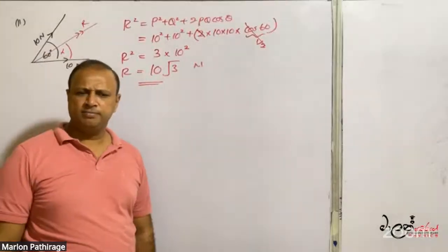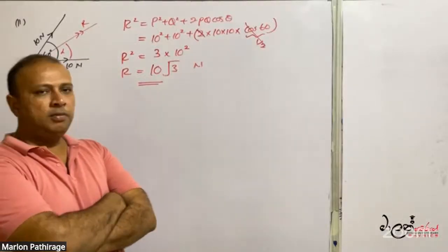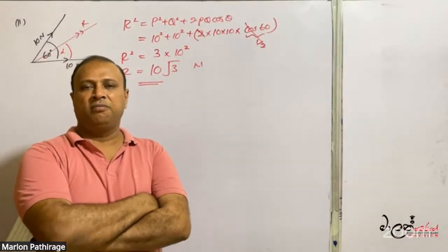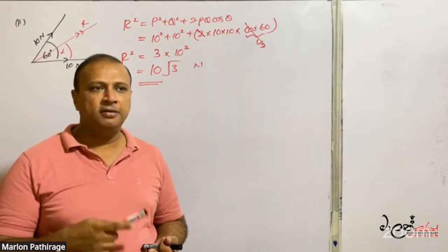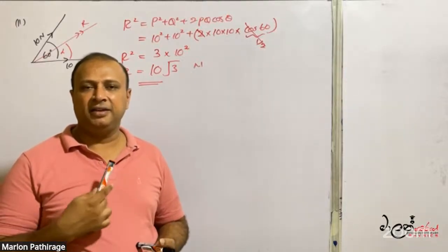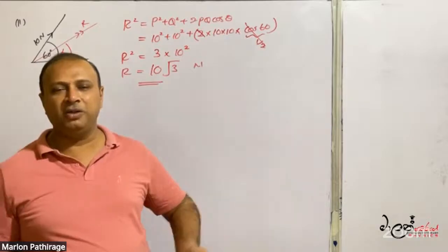We don't need to get the table values, like in O level where we referred to the table. You have to remember the values for 60, 30, 45, 90, 180, all of them. We also don't need to obtain the square root value, but can we get it, like 17.32?